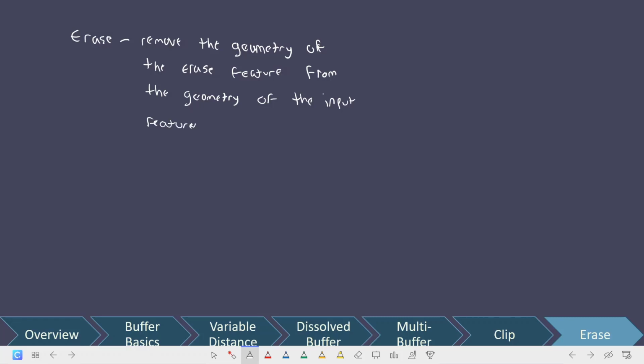Right. It's going to remove the geometry of the erase feature from the geometry of the input feature.